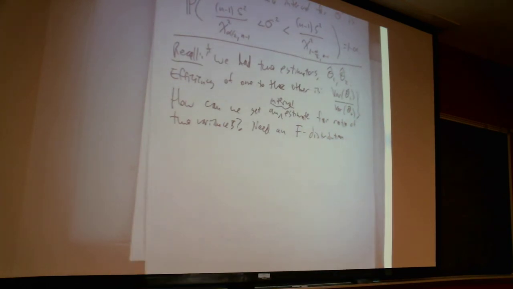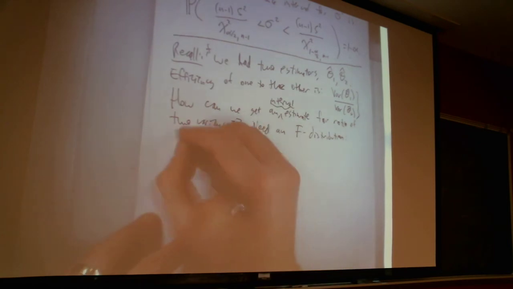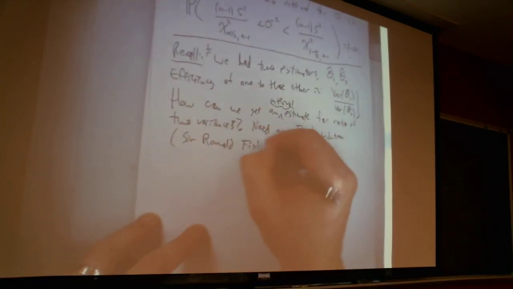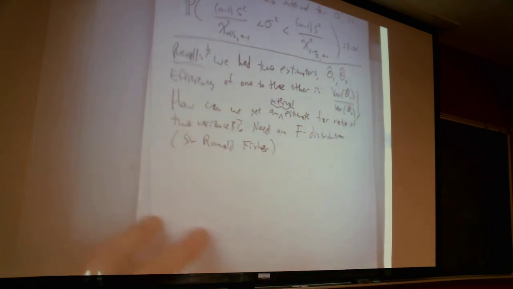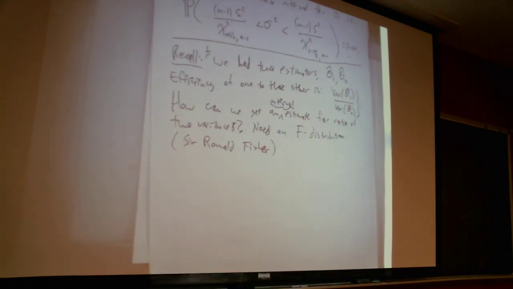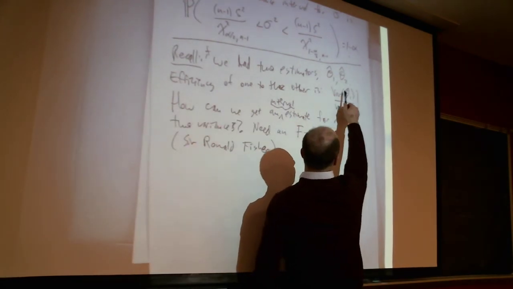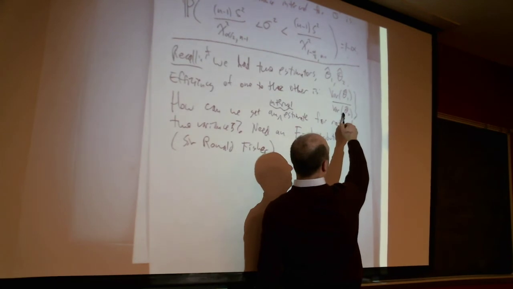And I always have to double check the constants. So by the way, F is Fisher's F, a very famous statistician from 100 or so years ago. So the F, let's just define it. Let's work out the constant. Here's what an F distribution is. This is going to be estimated by S1 squared. This is estimated by S2 squared.